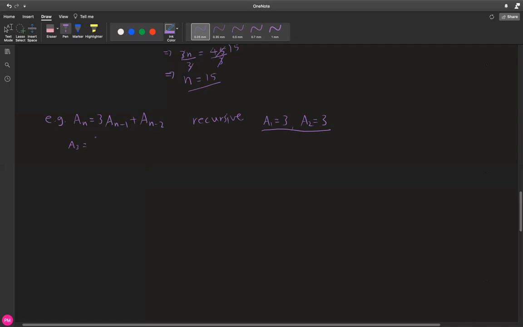For a sub 3, if you plug in 3 for every n you see, you'll end up with a sub 3 minus 1 plus a sub 3 minus 2. And that is simply 3 a sub 2 plus a sub 1. Does that make sense? Here the numbers are subscripts. Do not write them big next to the a's.